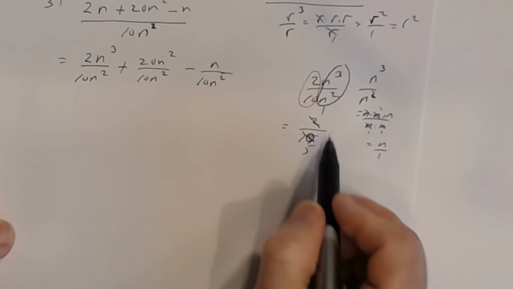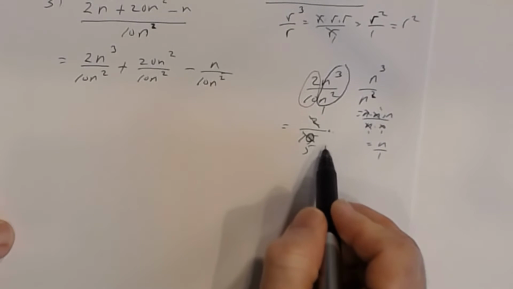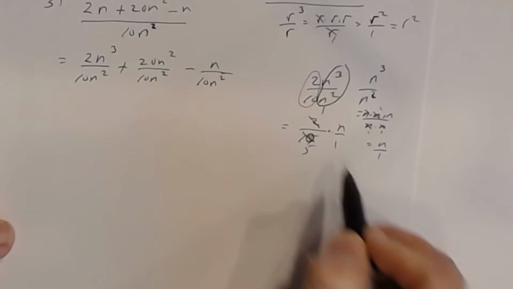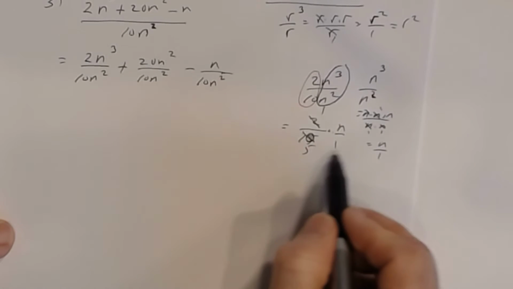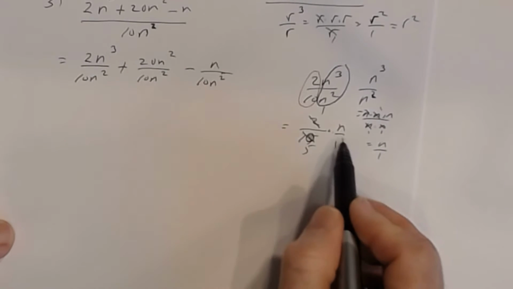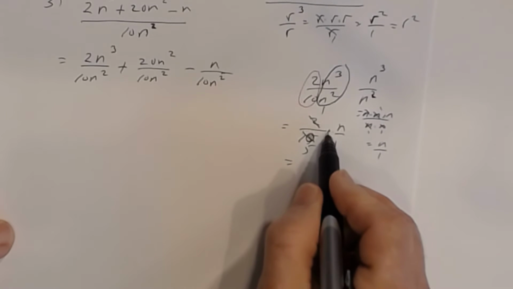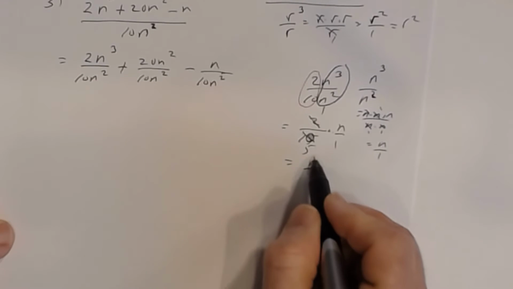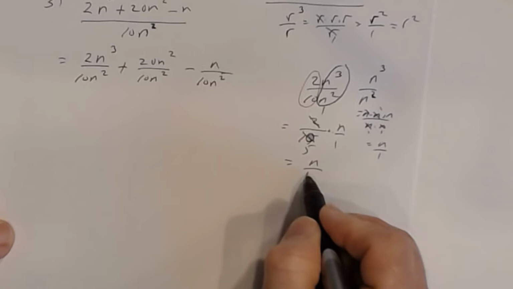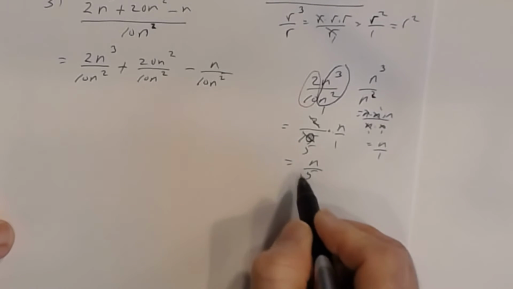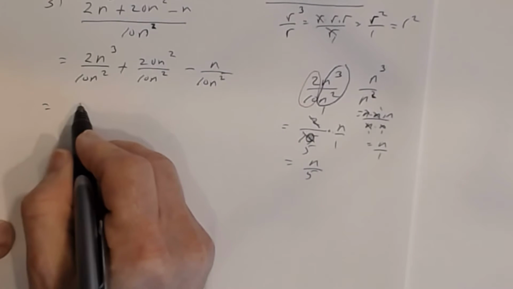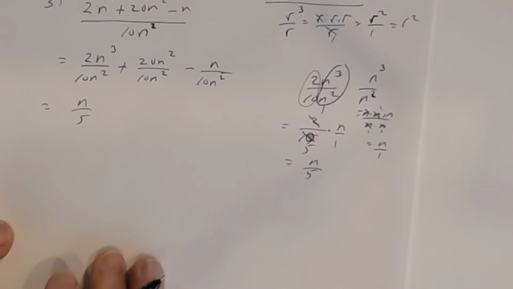So this, if you want to write it next to this, that will be times n divided by 1. Now, this right here becomes 1 times n is n. 5 times 1 is 5. That goes here. So that's n divided by 5.